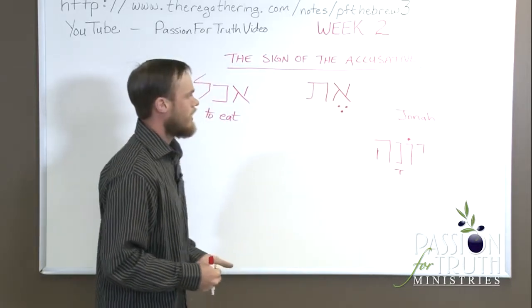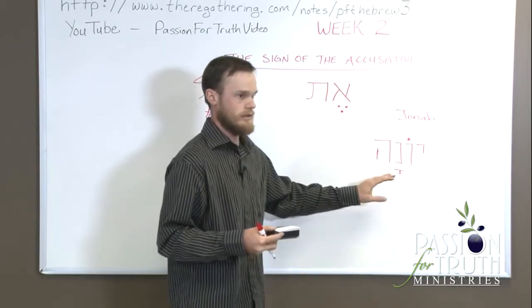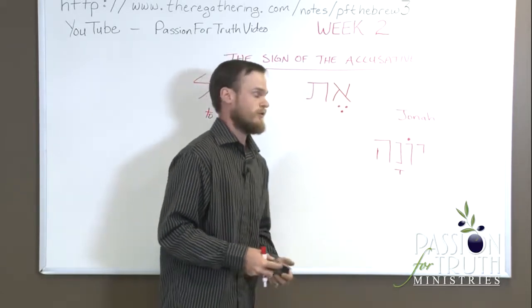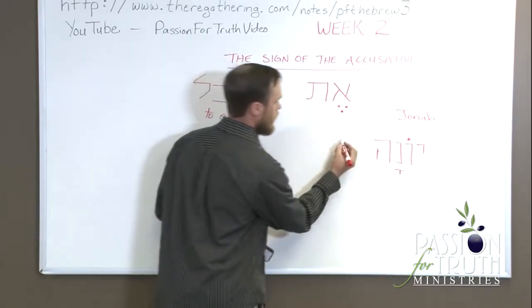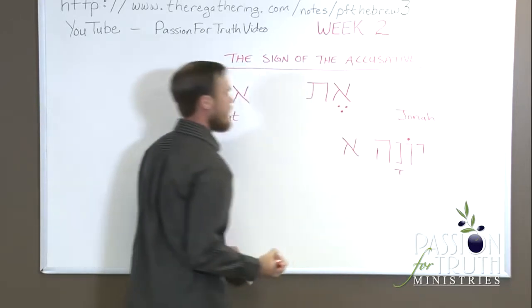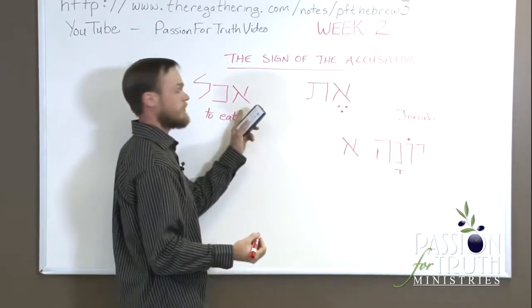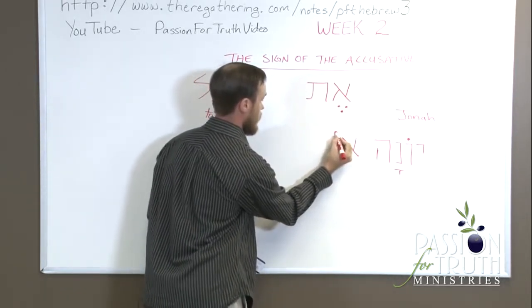Now Jonah is a masculine singular noun, so following the pattern that's on the sheets from last week, we would use the masculine singular form. So we've got our first radical, aleph. After the first radical comes our cholam vowel.